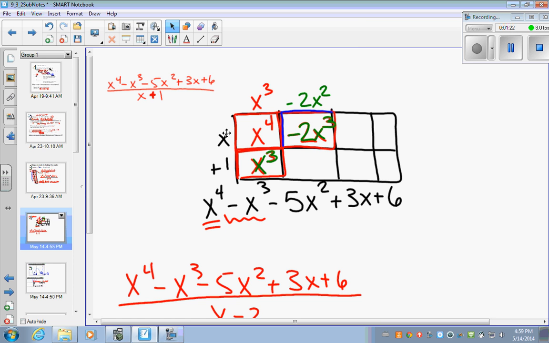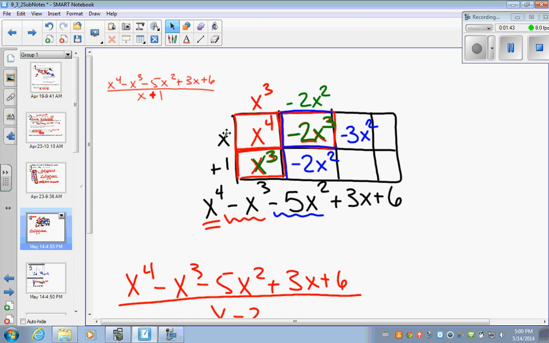Okay, now I can multiply negative 2x squared times 1 and I can get negative 2x squared. But that's going to have to combine with something to be negative 5x squared. So I'll need a negative 3x squared here to make them combine to be negative 5x squared.